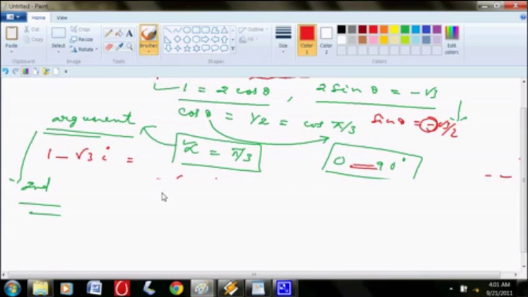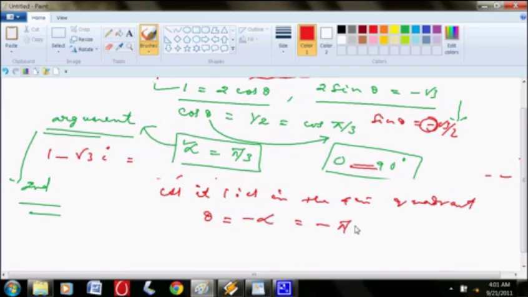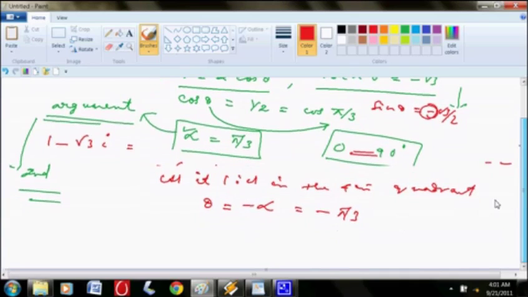As it lies in the fourth quadrant, theta is minus alpha, which is minus pi by 3. Therefore, the amplitude, which is nothing but theta, is minus pi by 3.